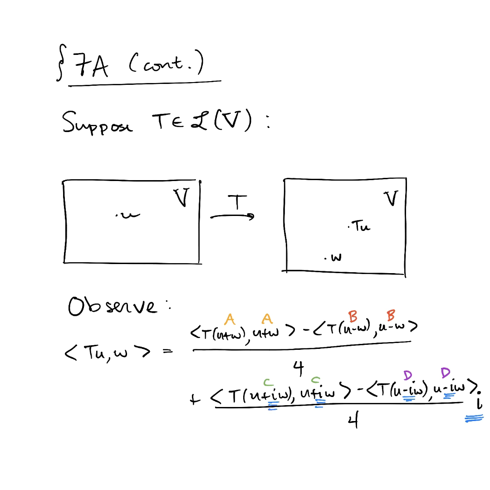And in point of fact, it is not possible to write out TU inner product W in terms of T thing, comma thing, if we're in a real inner product space. So it was critical here that we had a scalar whose square came out to -1. That was important for the dust to settle in the right way.